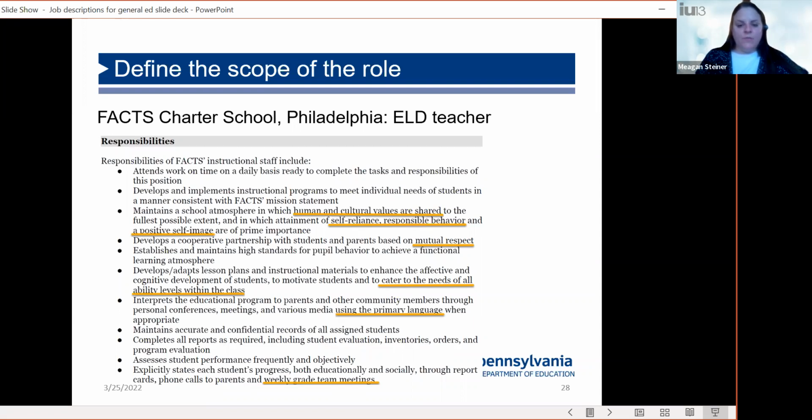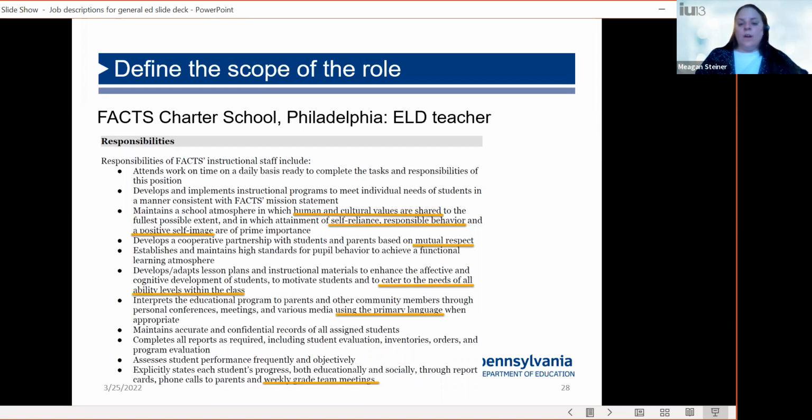So things like self-reliance, responsible behaviors, positive self-image are important to cultivate in the students and the staff. Catering to the needs of all ability levels within the class, using the primary language of families when possible and appropriate, participating in weekly grade team meetings.